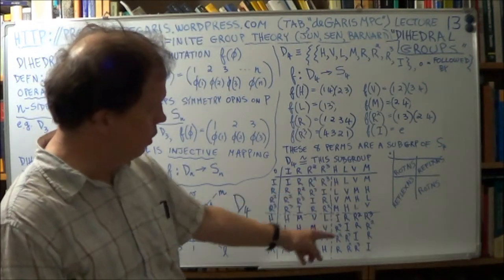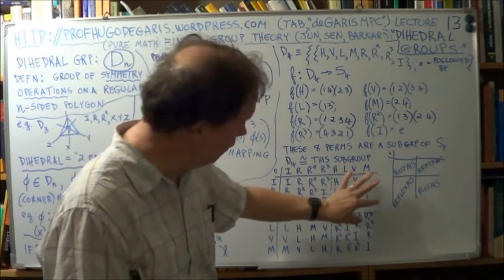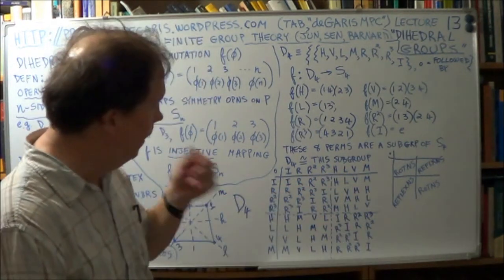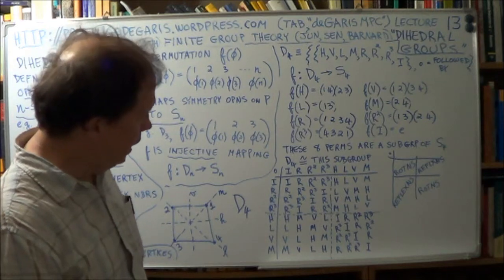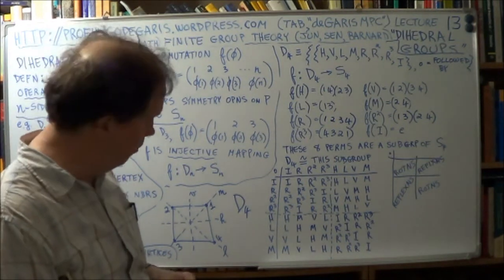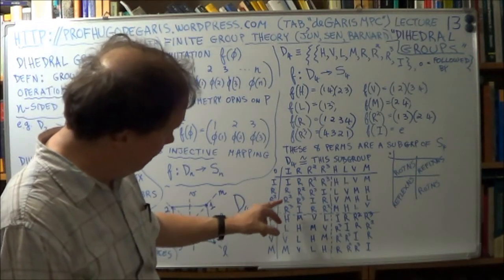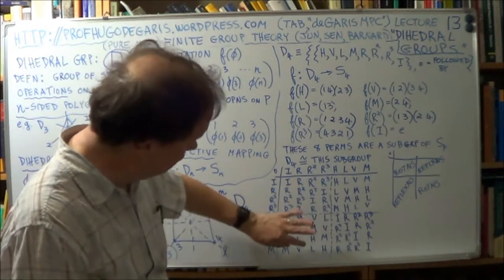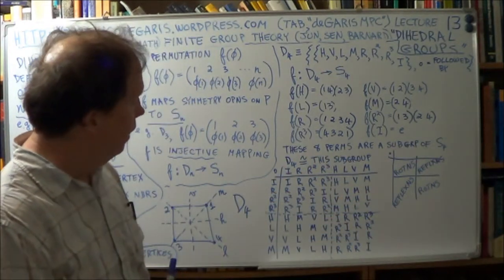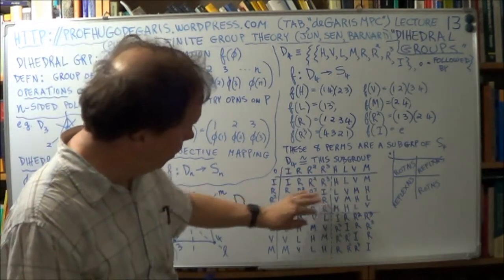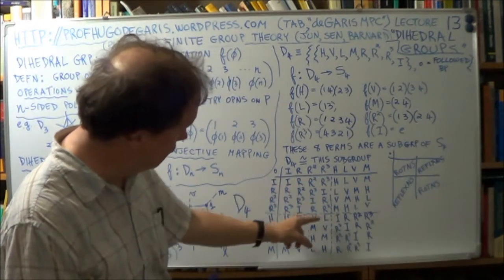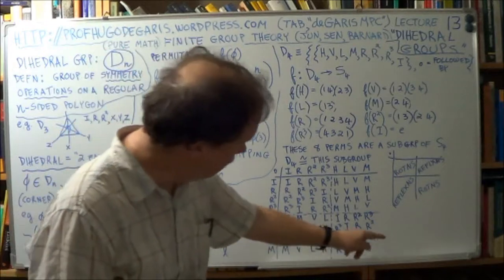And before I finish off, have a look at this group table for D4. It's getting large enough to start showing a bit of structure. Look, here you've got 4 blocks within the whole table, and in this block here the results are all rotations, and similarly here.